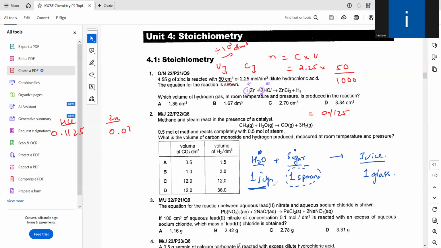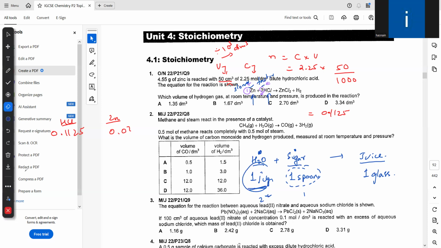Anmol, do you get it? Yes, sir. That means here in zinc and HCl, you can see, just go through the numbers. It's 1 and it's 2 here. So whichever has a greater number is consumed faster, and the one with a smaller number is consumed at a slower rate. So it's 2 here and 1 here, so HCl was consumed faster.